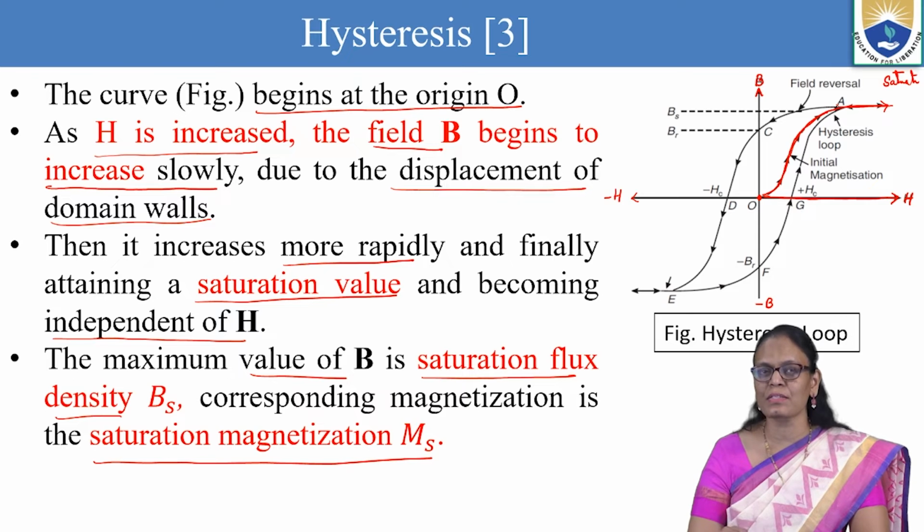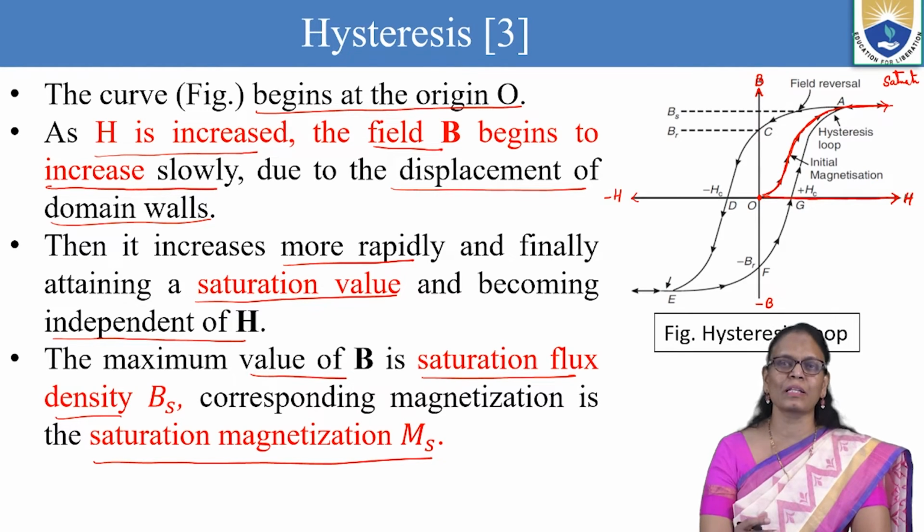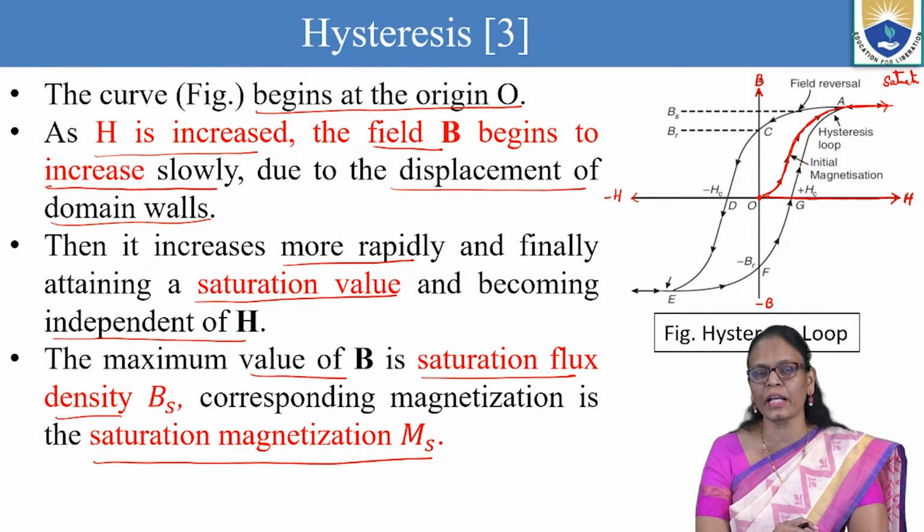And the reason it reaches the maximum or saturation is that all the domains by this time have been oriented in the direction of the applied field, and there are no more domains left to get oriented. So even if we apply more and more magnetic field or increase the strength of the applied field, the magnetic induction will not increase.